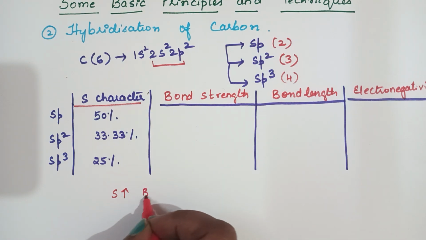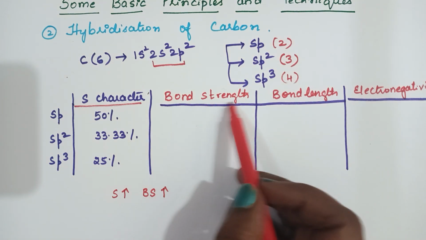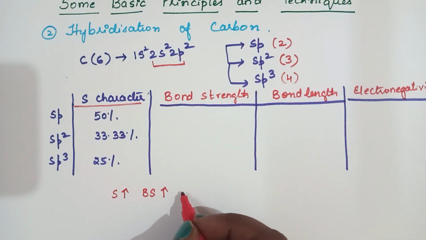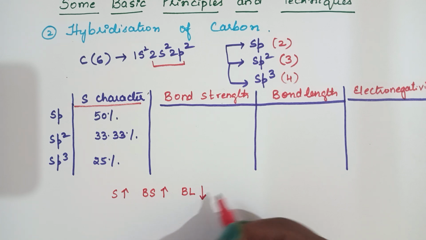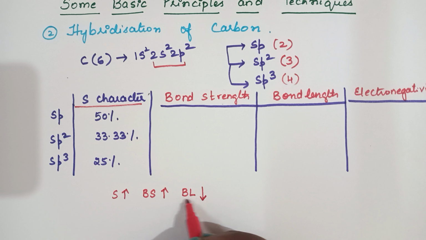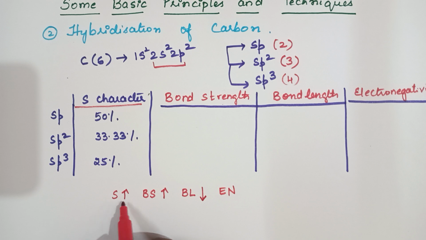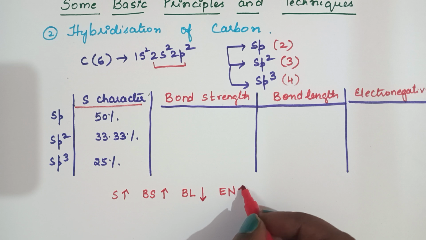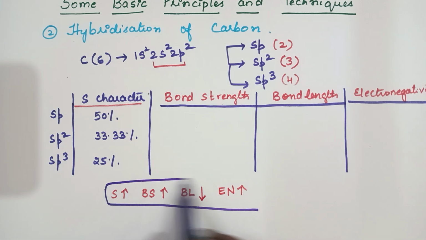So I'll write bond strength in short form: it will be more. The more the bond strength, the shorter the bond length will be. So I'll write a downward symbol, which means it will be less. And then electronegativity: the higher the S character, the more the electronegativity will be.